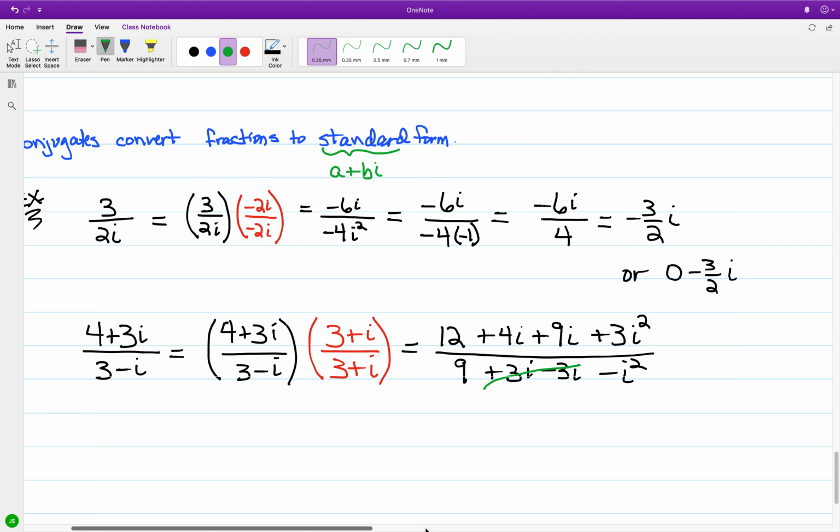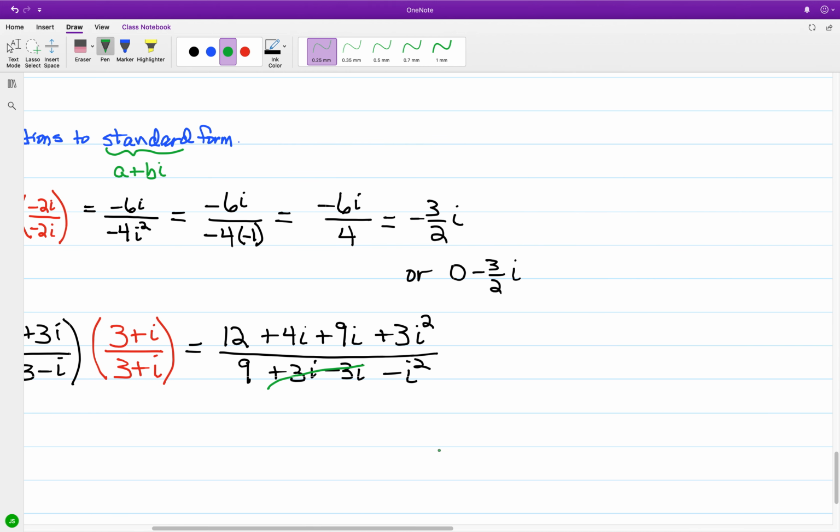We have additive inverses in the denominator, so those go out. Combining, we have 12, 4i plus 9i is 13i, and 3i squared is 3 times negative 1. And we have 9 minus i squared, so 9 minus negative 1.